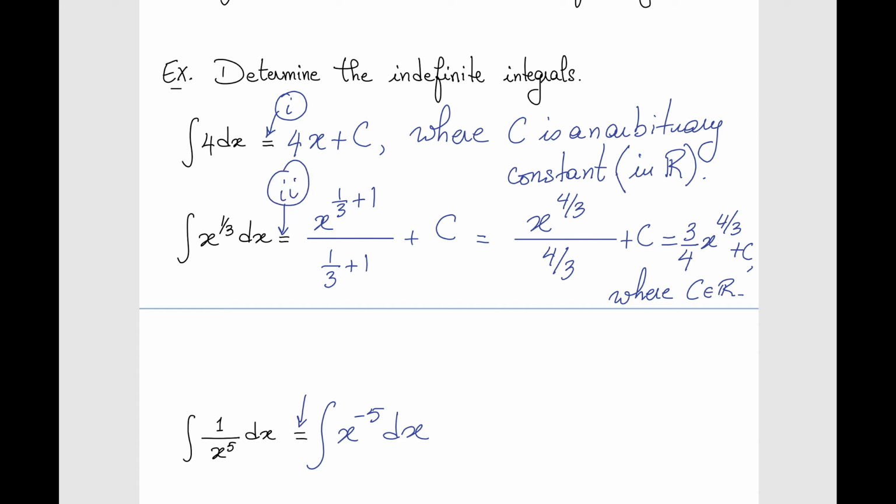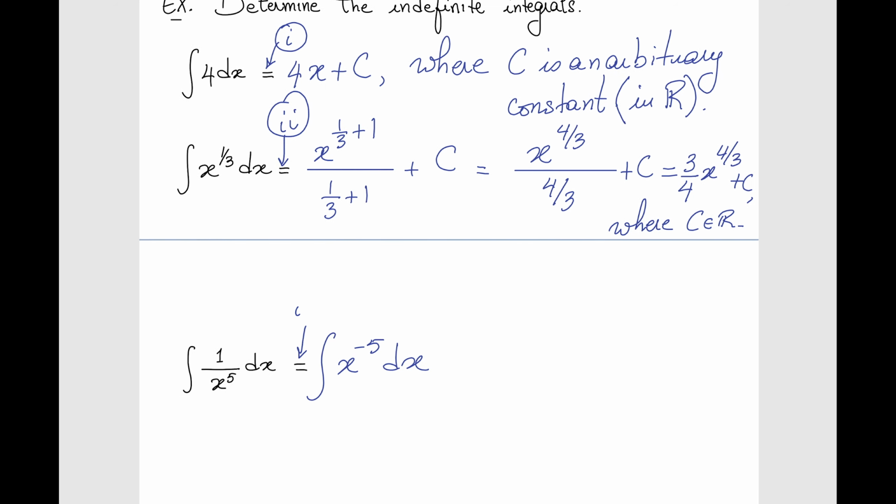And the same here for the formula: that's x to the power n plus 1 over n plus 1 plus an arbitrary constant. All right, and what is this? x to the power -5 plus 1 is -4, divided by -4, plus c.